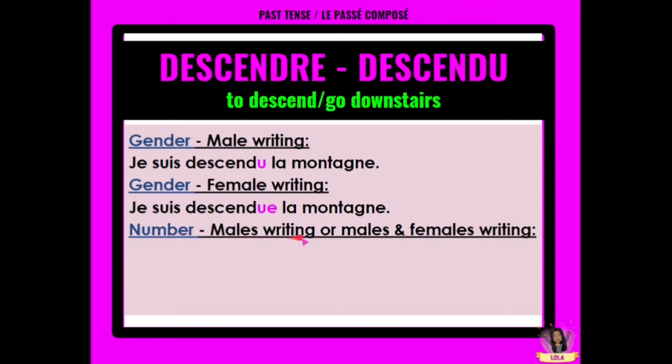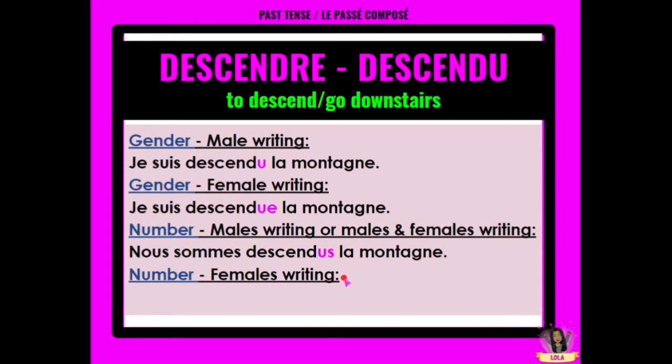So if it's a whole bunch of guys writing this, or a mixture of guys and girls writing this, then we have we descended the mountains. So nous sommes descendus, and we added the S because it's plural, la montagne. And finally, for the last one, if it's just females writing this, then they would say nous sommes descendues with the E and the S, la montagne.